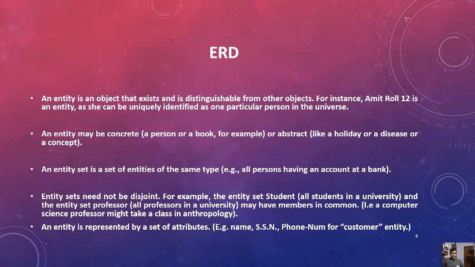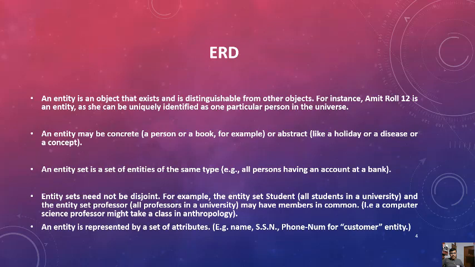An entity is an object that exists and is distinguishable from other objects. So what is an entity? It is an object that exists and is distinguishable from other objects. For instance, Amit, roll number 12, is an entity, as he can be uniquely identified as one particular person in the universe.